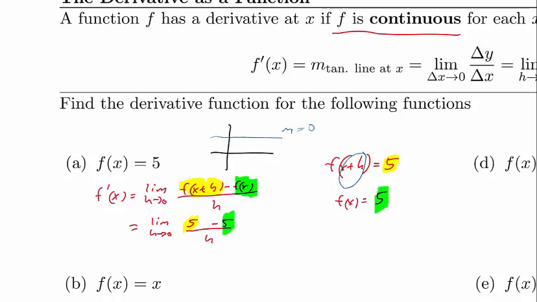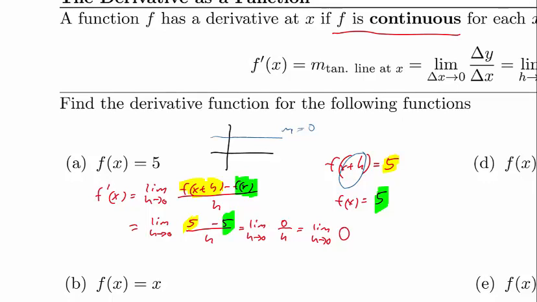Alright, so what's 5 minus 5? 5 minus 5 is 0. So again, we have the limit as h goes to 0 of 0 divided by h. Now we haven't taken the limit as h approaches 0, so we can still work however we want. So this is still 0 divided by some number. So this is going to become the limit as h approaches 0 of 0.